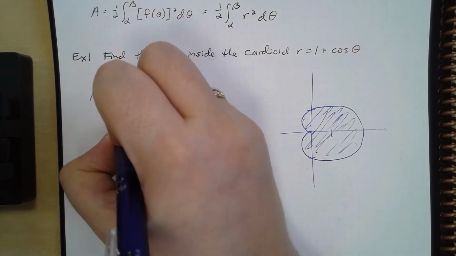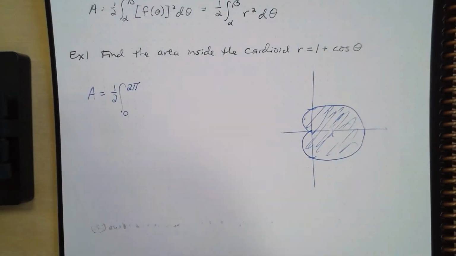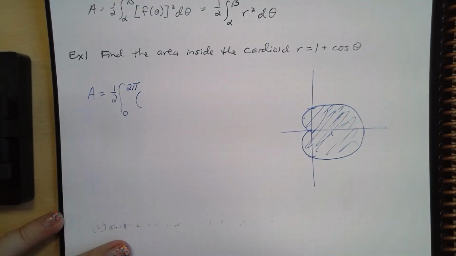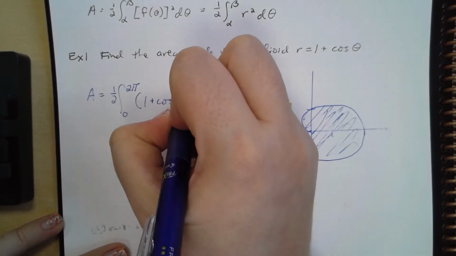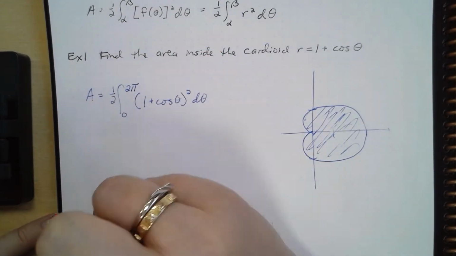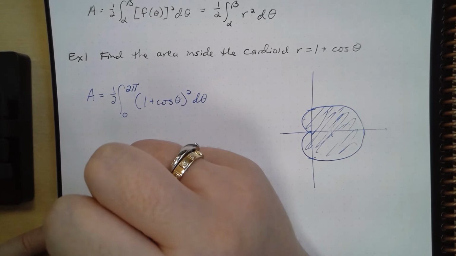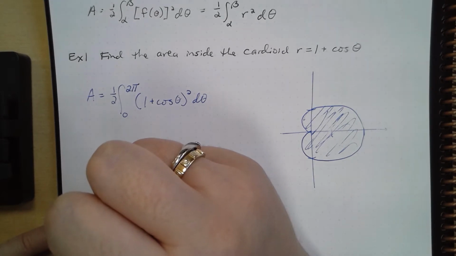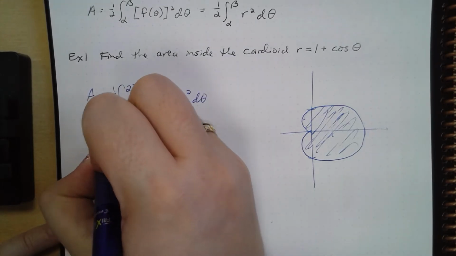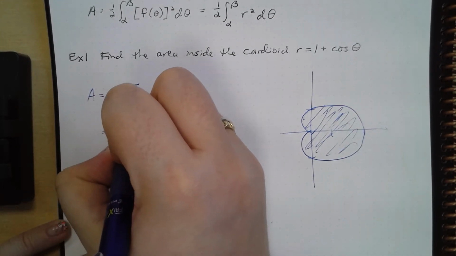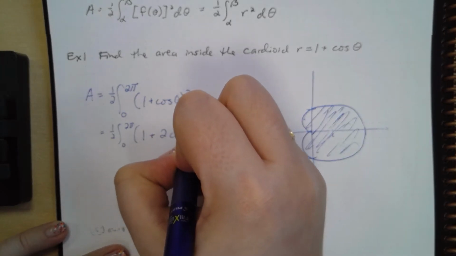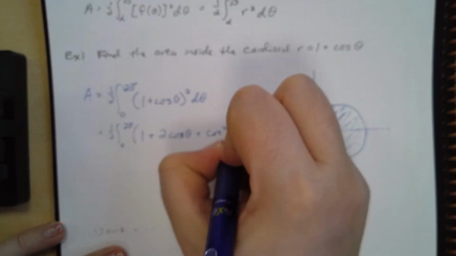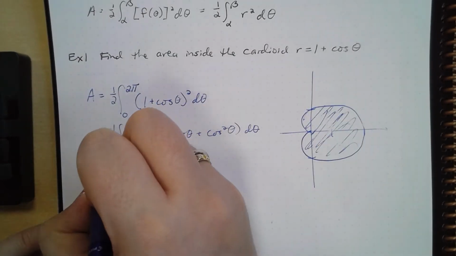So we're going from 0 to 2 pi of, now we've got to put our r in there. We've got our r: 1 plus cosine theta, quantity squared, d theta. Now, we can expand this out. So this is going to equal 1/2 integral from 0 to 2 pi of 1 plus 2 cosine theta plus cosine squared theta d theta.